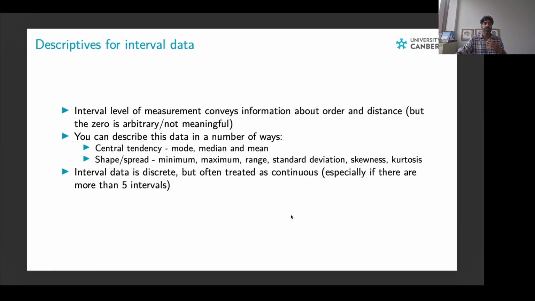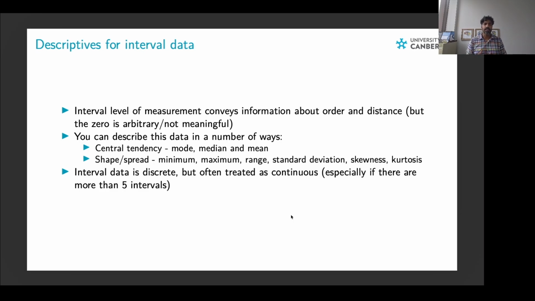So this is what I was raising previously in terms of the contentious issue in research that uses Likert scales, that it treats this data as continuous, and for the purposes of this course, we'll treat it as continuous.